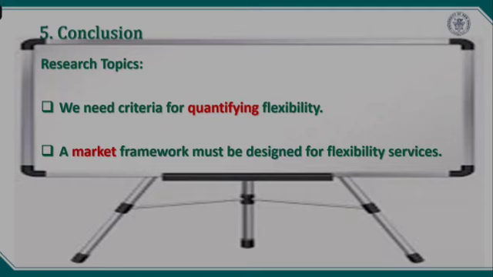The second research topic is an interesting topic, focusing on the market. Because if we want to talk about flexibility, we ask who can provide flexibility to us? We can divide it in three parts. Flexibility can be provided by a distributed generation unit, or in general generation systems. Flexibility can be provided by the customer side. For example, we have many different demand side programs, for example, demand response programs.